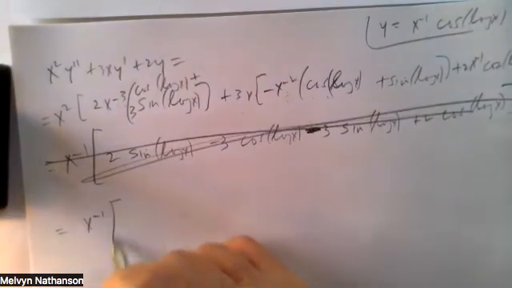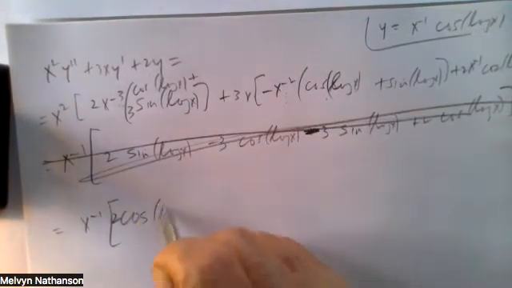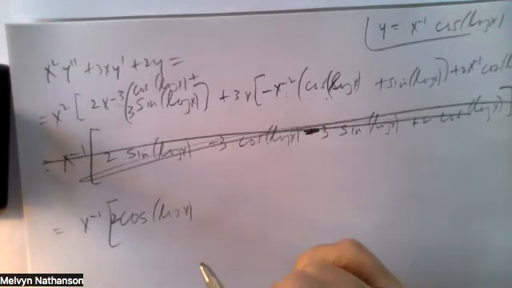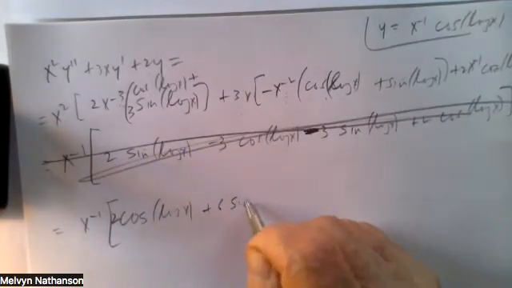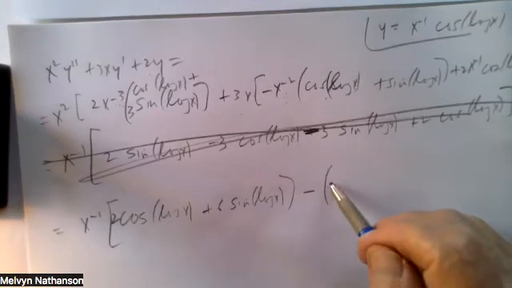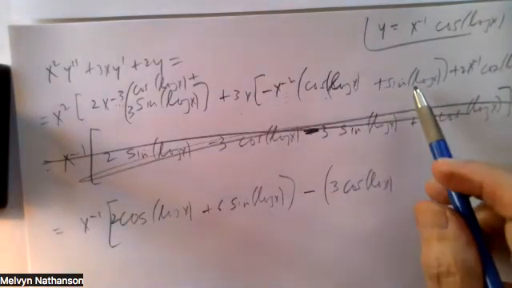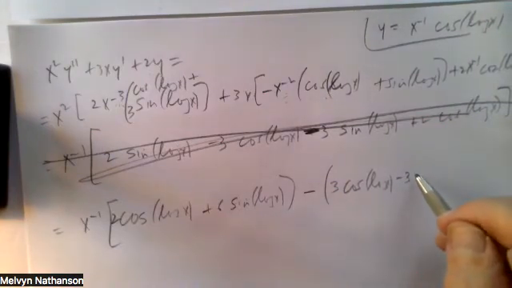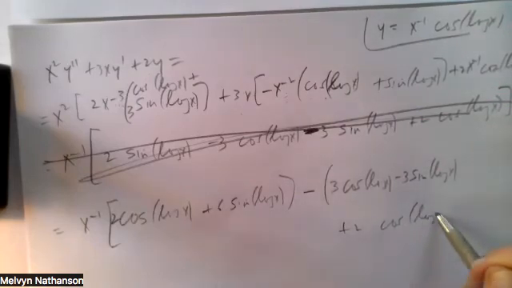So let's just write this out again. This is x to the minus 1 times 2 cosine of log x plus 6 times the sine of log x minus 3 times the cosine of log x minus 3 times the sine of log x plus 2 times the cosine of log x.